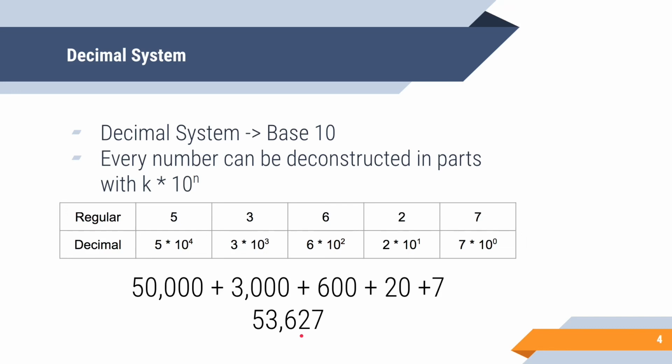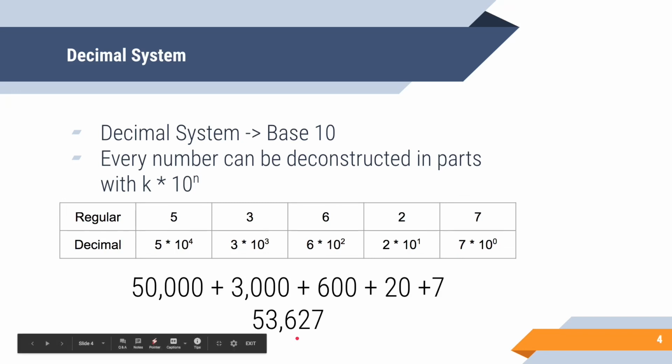So we subtract 1. So we do 10 to the power of 4. 10 to the power of 4 is 10,000. So can we fit 10,000? Yes, we can actually. We can fit multiple 10,000s within 53,627. So how many? Well, we look at this digit, 5.